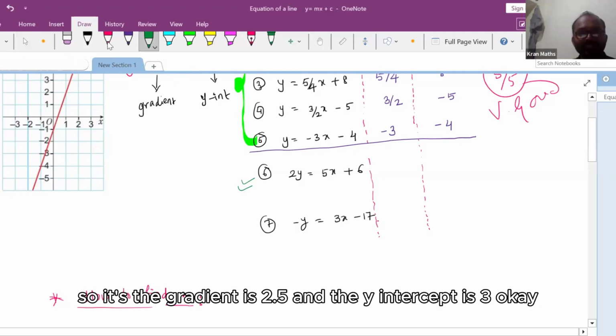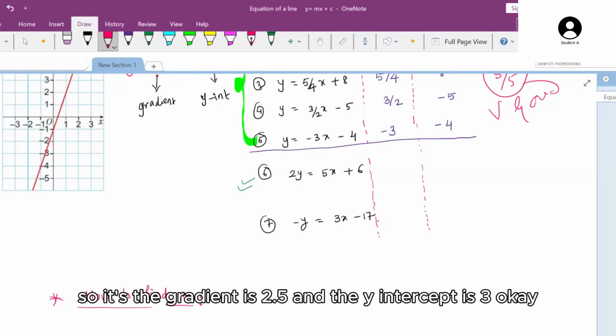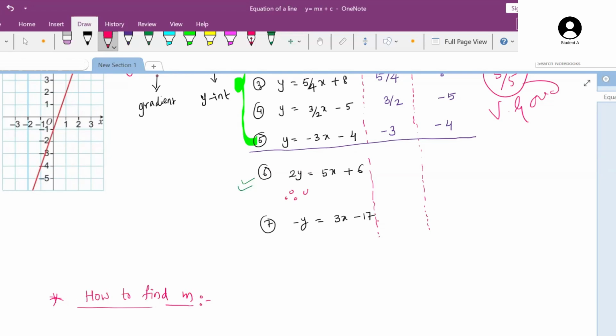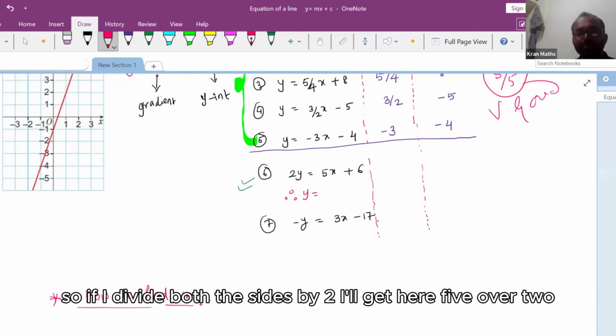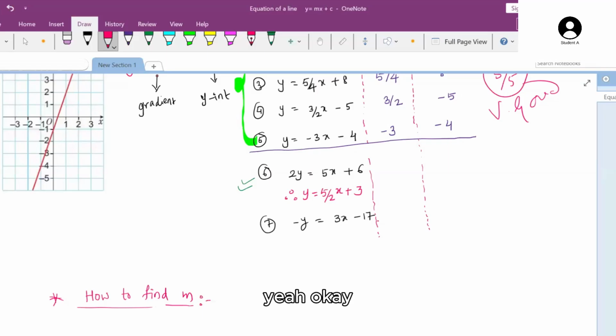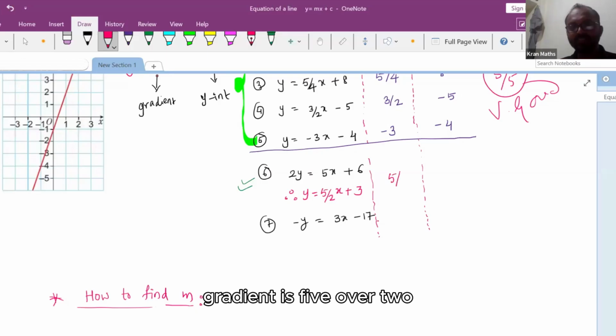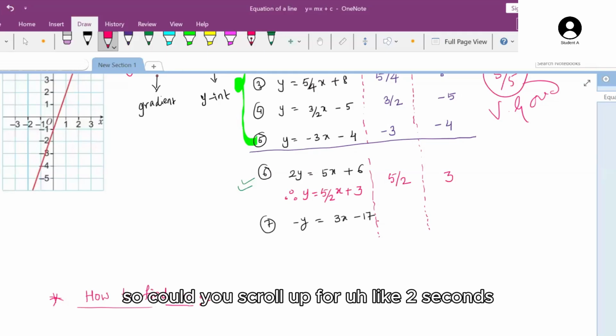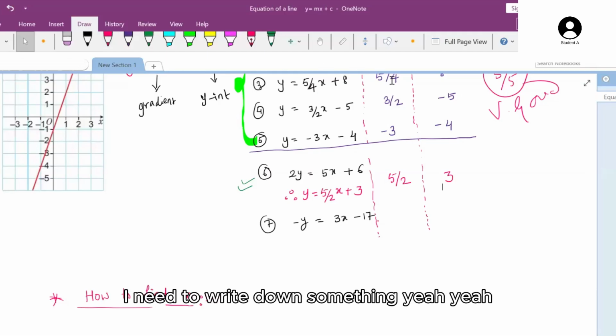Yes, so the gradient is 2.5 and the y-intercept is 3. If I divide both sides by 2, I'll get 5/2, and this will be 3, right? Okay. So what is the gradient? The gradient is 5/2. Could you scroll up for like 2 seconds? I need to write down something.